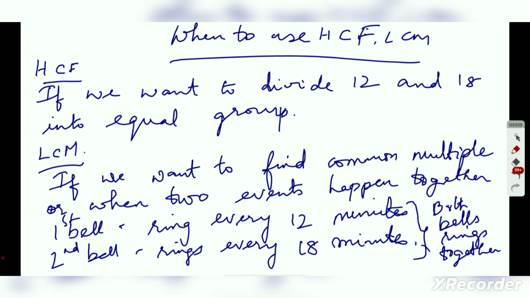They will ring together in the LCM. If you find out the LCM of 12 and 18, it is 36. So every 36 minutes, both the bells ring together. So this is how we use LCM and HCF. I hope it is clear.